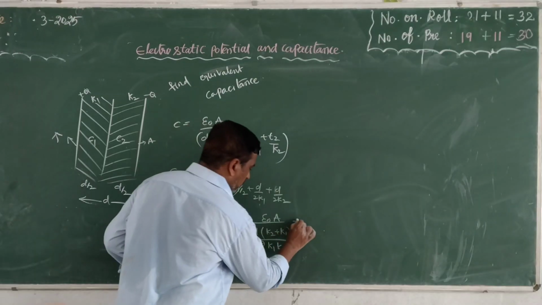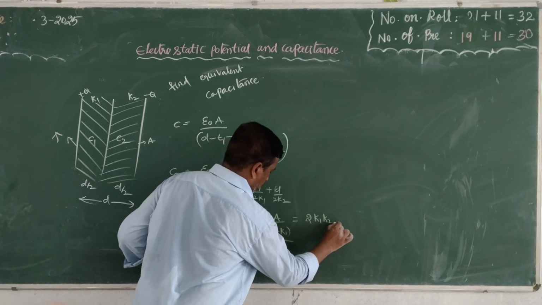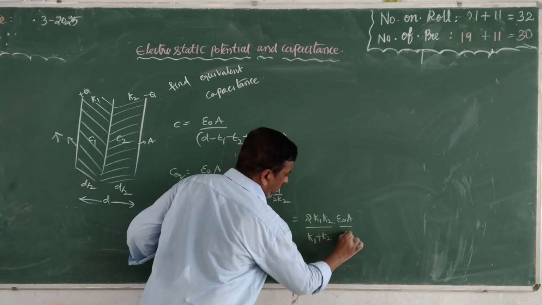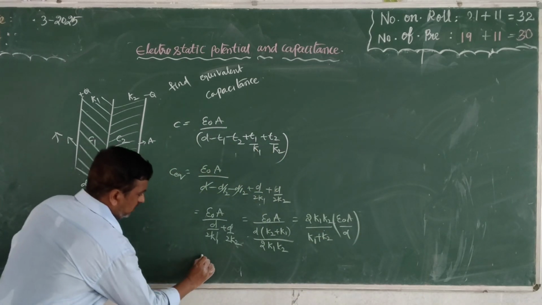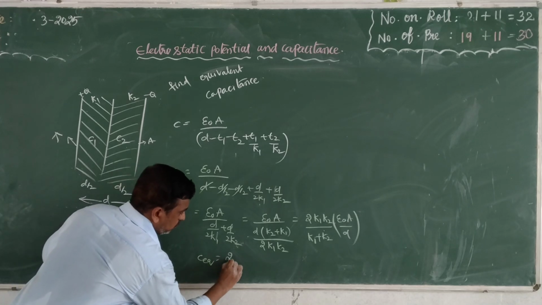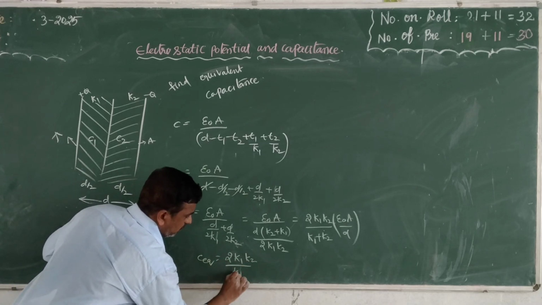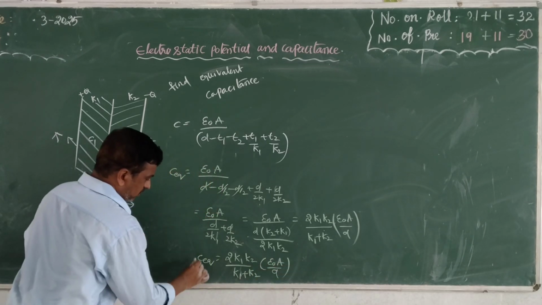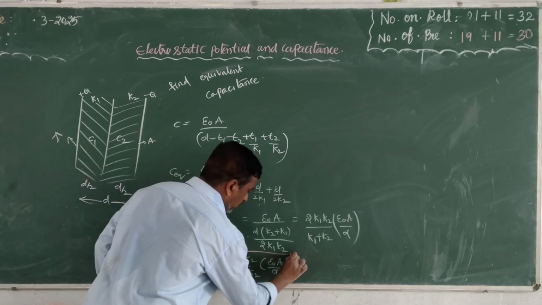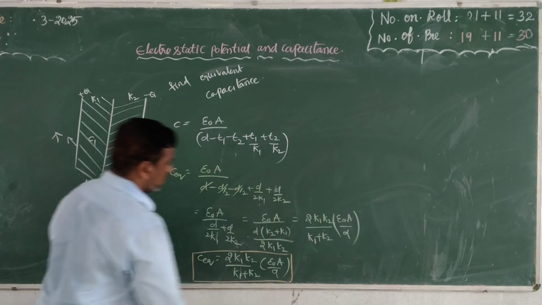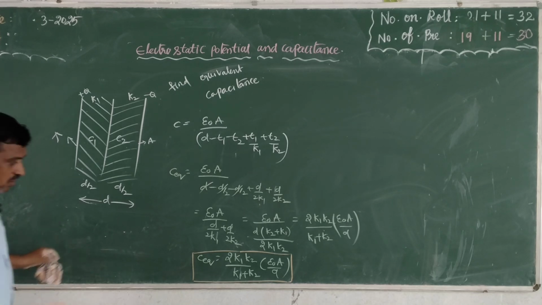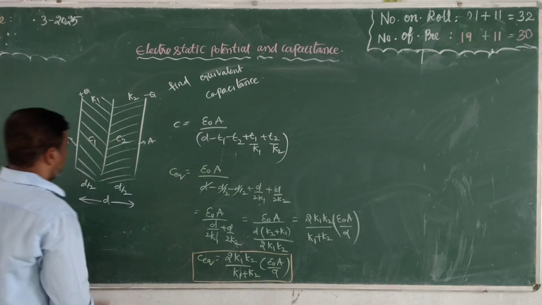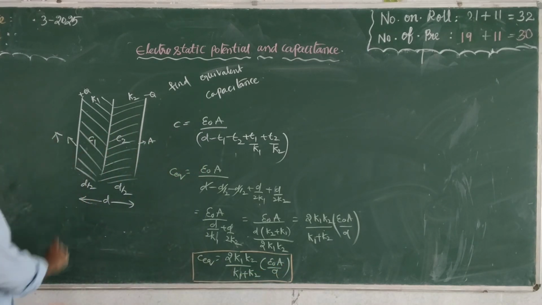So we can write 2K1 K2 into epsilon naught A by K1 plus K2 by D. It is the C equivalent: 2 K1 K2 by K1 plus K2 into epsilon naught A by D. It is the equivalent capacitance when two dielectrics are placed between the parallel plates. K1 is the first dielectric, K2 is the second dielectric.